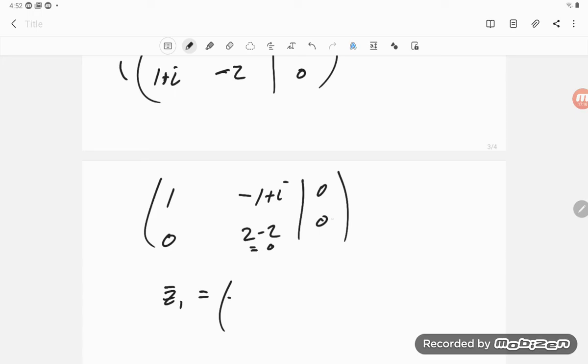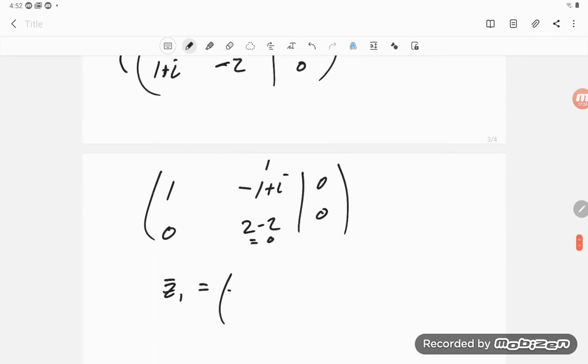if I just do the trick of using a 1 here and the negative of this thing here, that would be 1 minus i, right? If I multiply those two together, I will get 0.